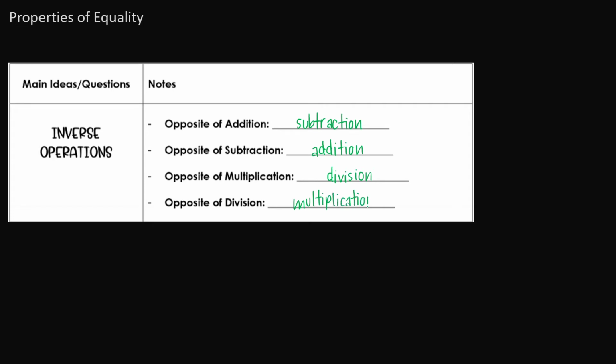Just some quick examples to explain what I mean. Let's say you have the term 3x. This just means 3 times x, or 3 times a number. In order to isolate x or get x by itself, we have to do the opposite of multiplying by 3. That would be dividing by 3. And of course, this would reduce and cancel out.